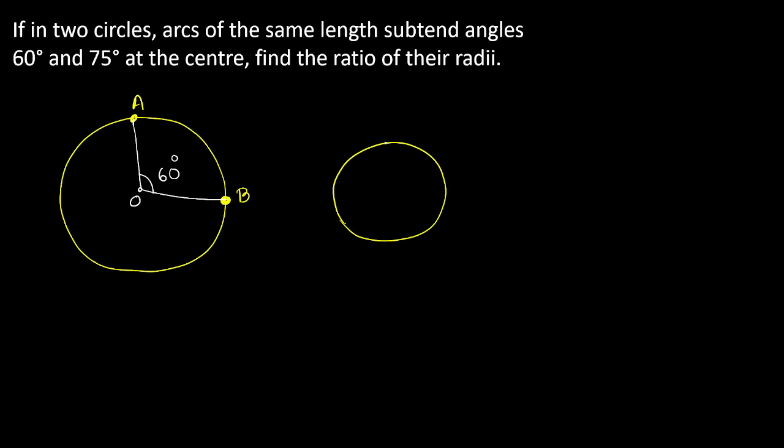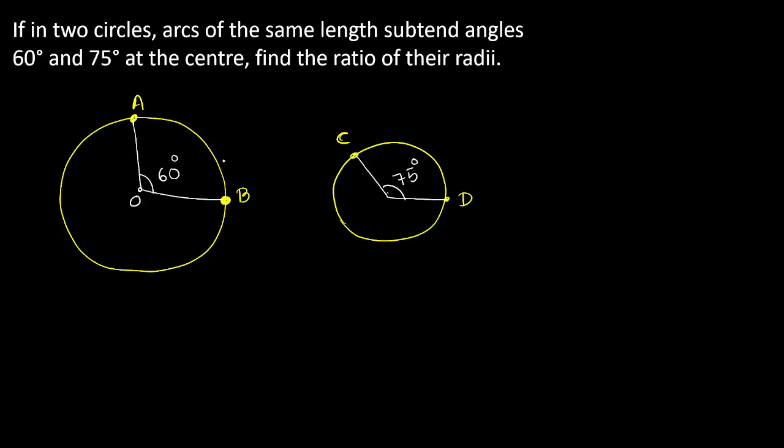But here we have another circle. Let the points be C and D. The arc CD is on another circle having a different radius. But here this arc CD makes an angle of 75 degree at the center. Understood? We have different circles having different radii.